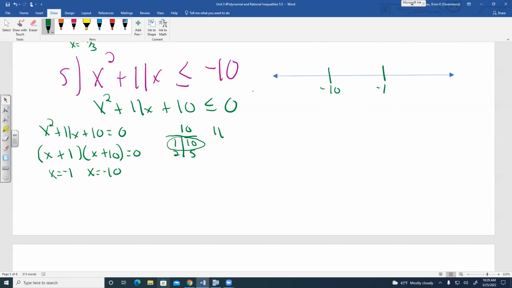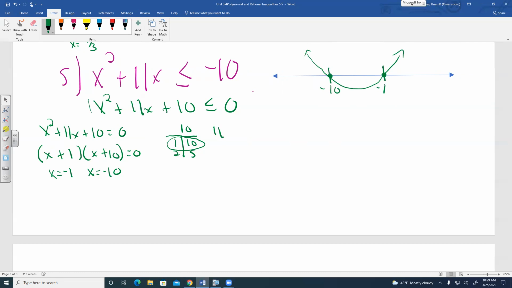Again, the quadratic is a positive x squared, so this tells me that the parabola does open up, just like they've all been doing so far. We haven't had any parabolas opening down; that would change things. If I go back to the inequality symbol, notice how it's less than or equal to. So that means we do include these zeros in our solution.